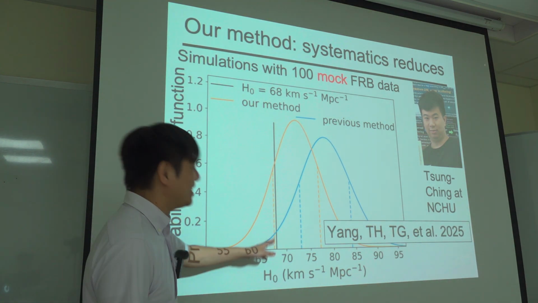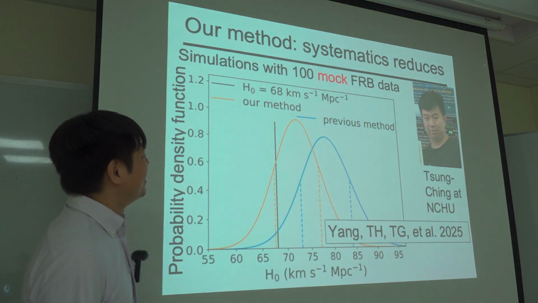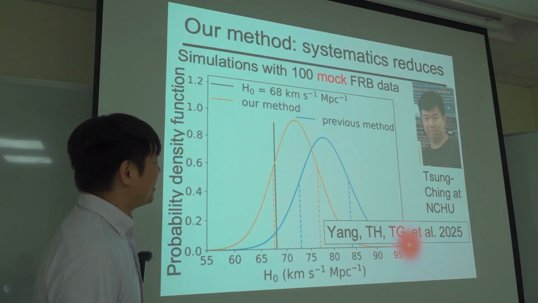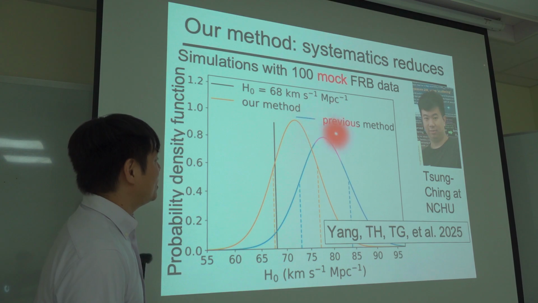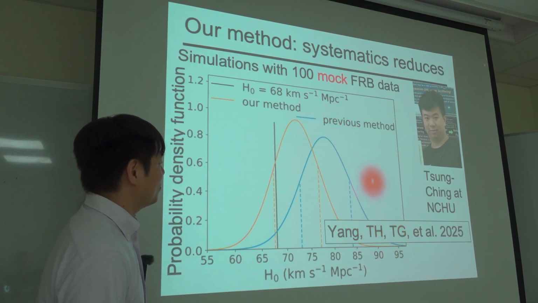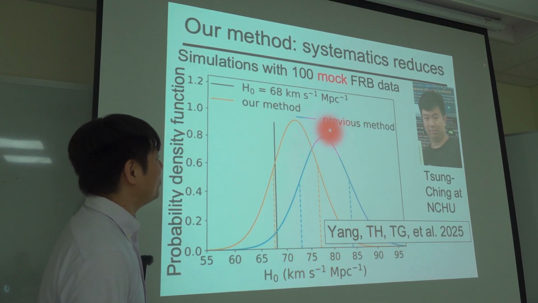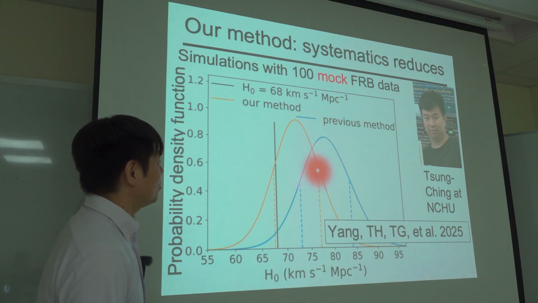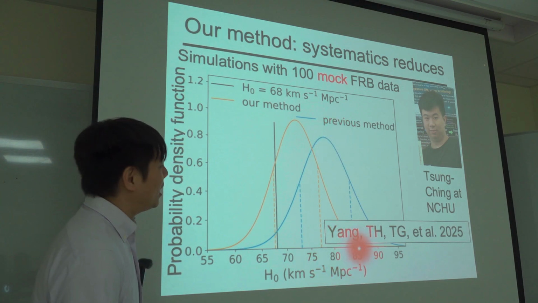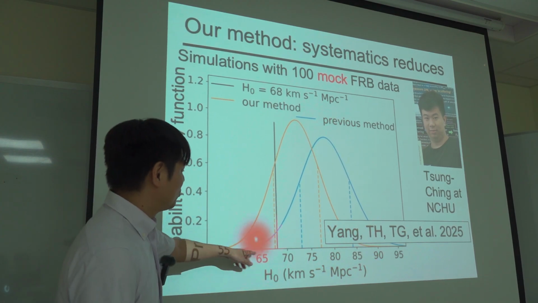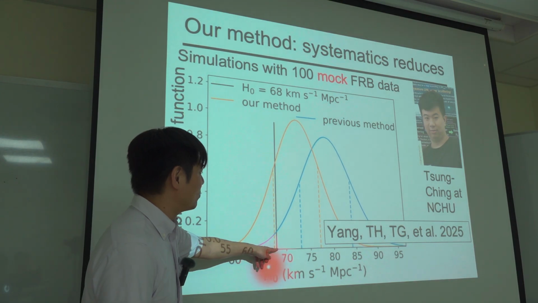If you assume a certain value here without knowing the true answer, then this is the probability density function of the Hubble constant using previous methods. If you assume a wrong value here, you get a wrong Hubble constant. I'm saying wrong because the true answer is here in this simulated mock data.